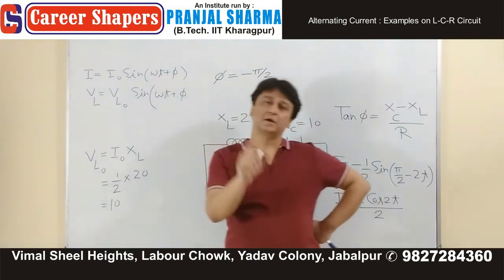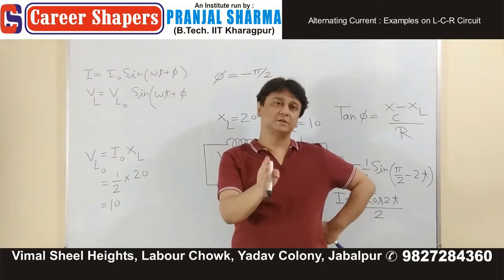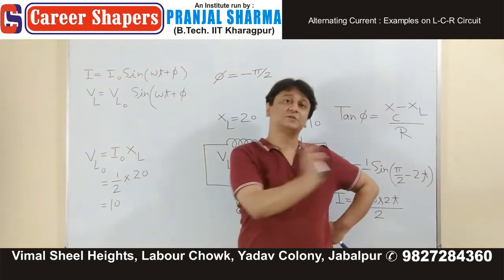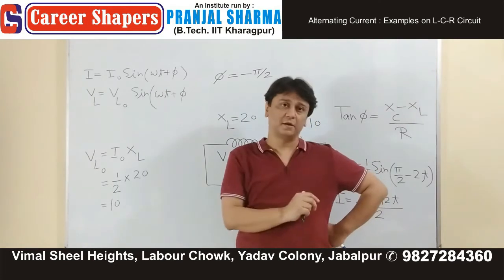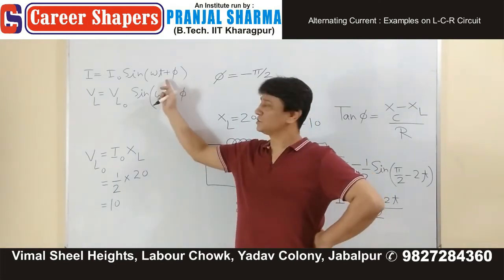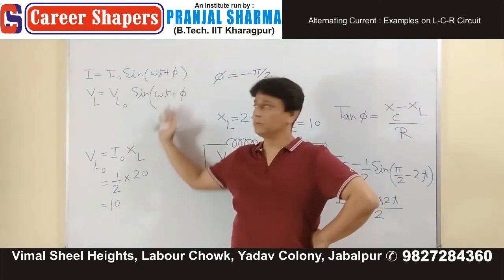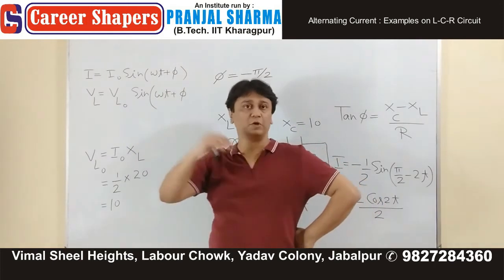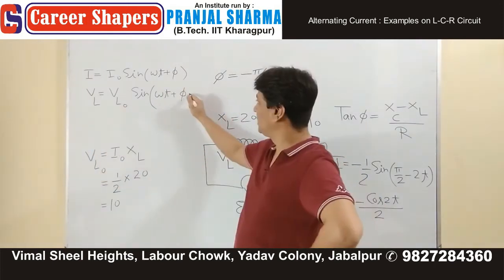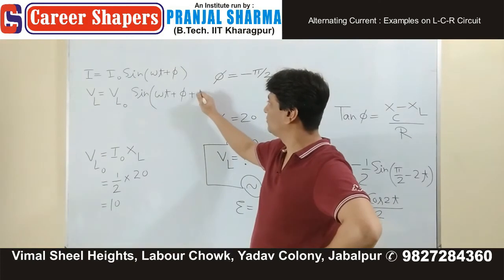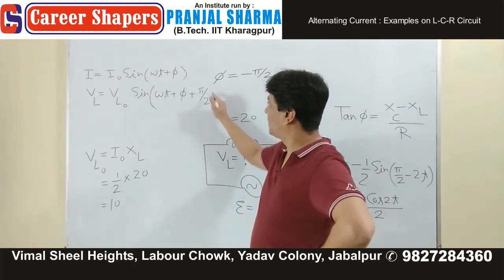For an inductor, current is something which lags behind voltage. So if current is known, then potential difference is going to lead. Lead means you will be using plus of pi by 2.